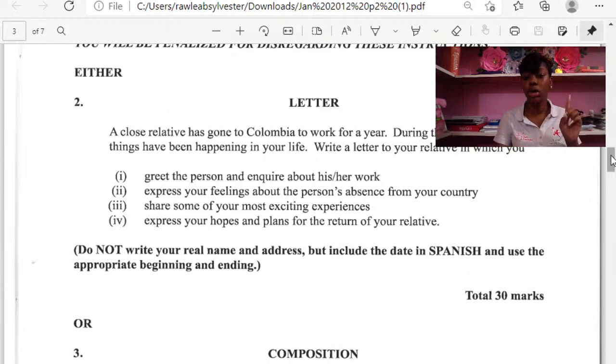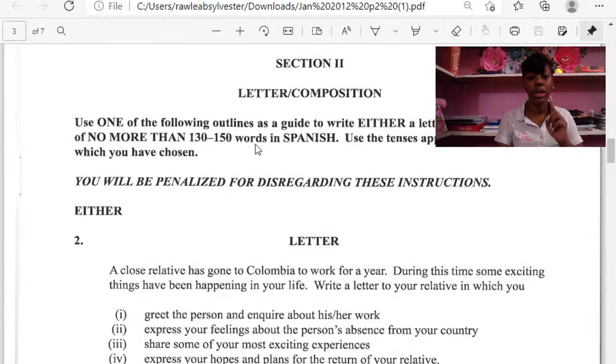Now, what I also want students to remember is that there is a word limit. The word limit is 130 to 150 words. CXC usually allows you 10 words below and 10 words above, so you could give them 120 and you could give them 160.